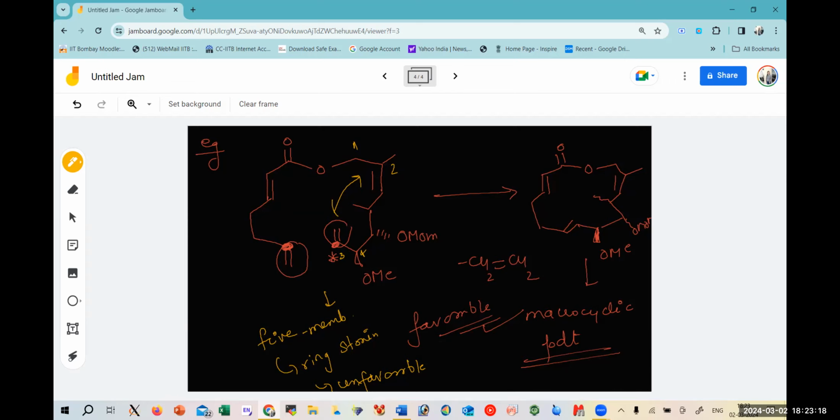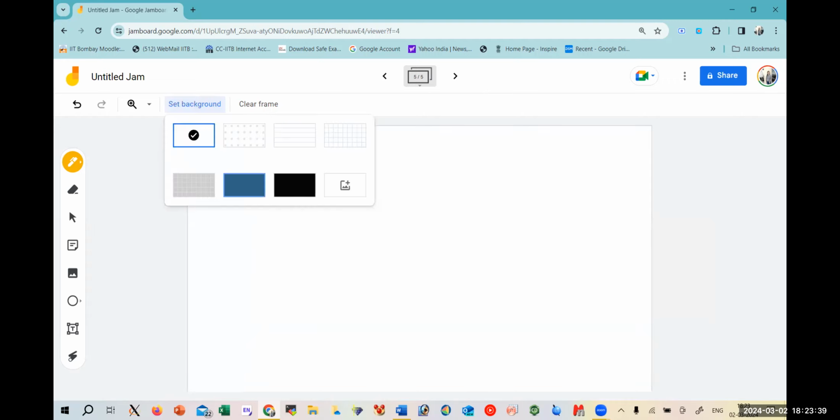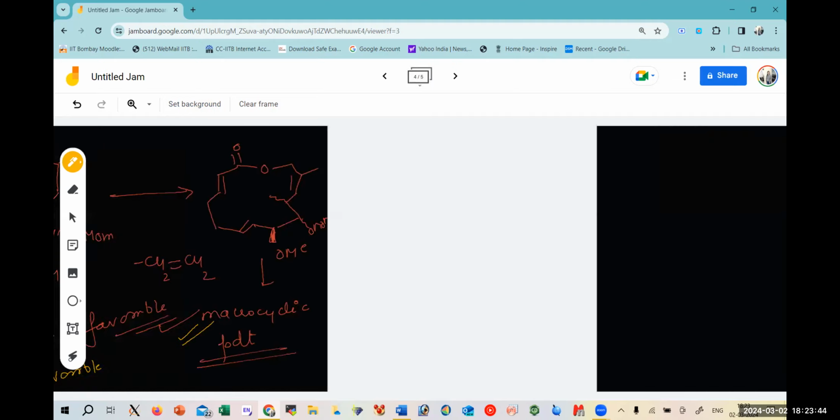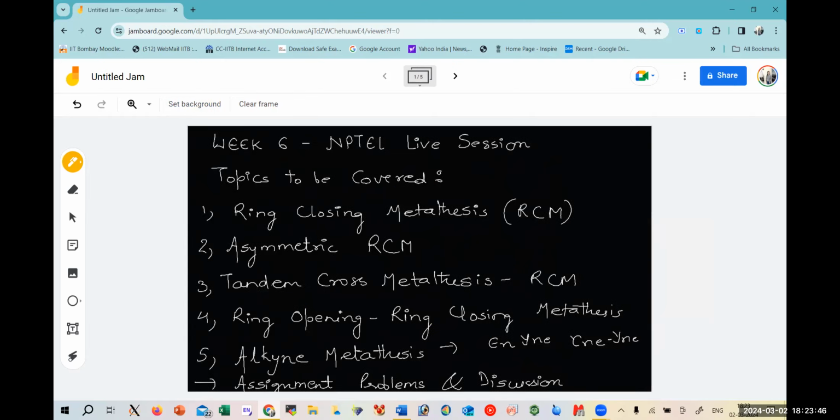So if it forms a 5-membered ring, that would have the strain over this macrocyclic. You know that macrocyclic products are stable enough. So that's why this orientation is favorable and not this one. So these kinds of questions with regioselectivity could be asked in the exam, and this comes under your ring closing metathesis.